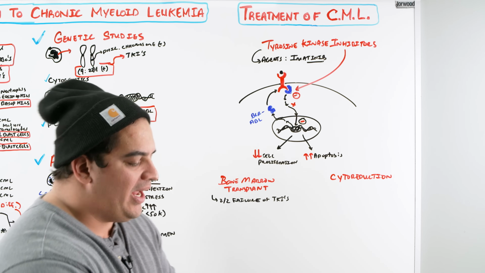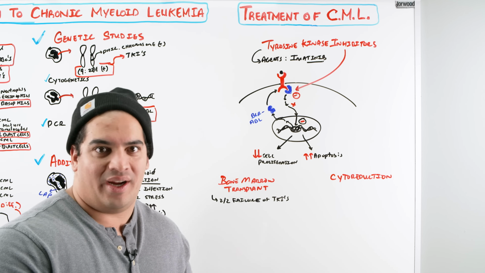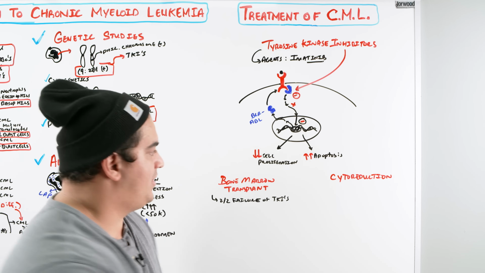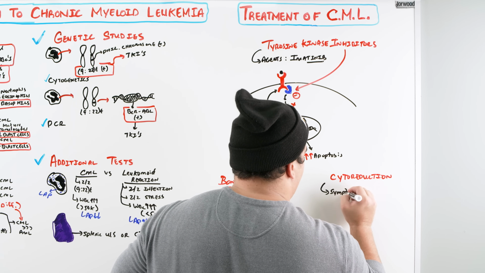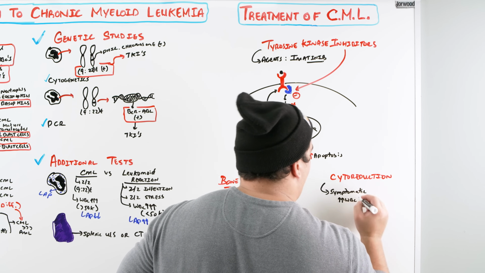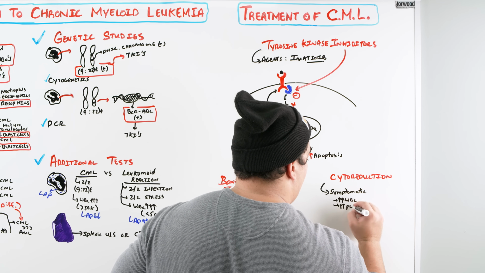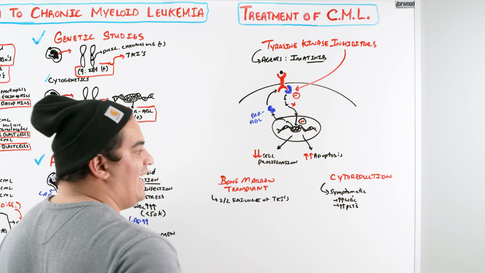But sometimes patients have crazy high leukocyte counts and crazy high thrombocyte counts, and the problem is this can cause symptoms. When they start experiencing symptomatic problems, so symptomatic high white blood cell counts or symptomatic high platelet counts, then you should do cytoreduction. And we don't necessarily use TKIs.